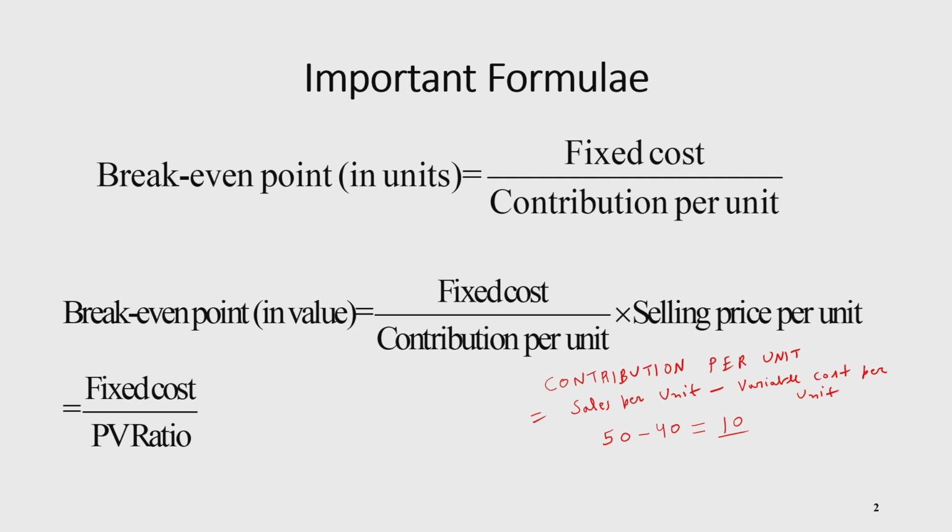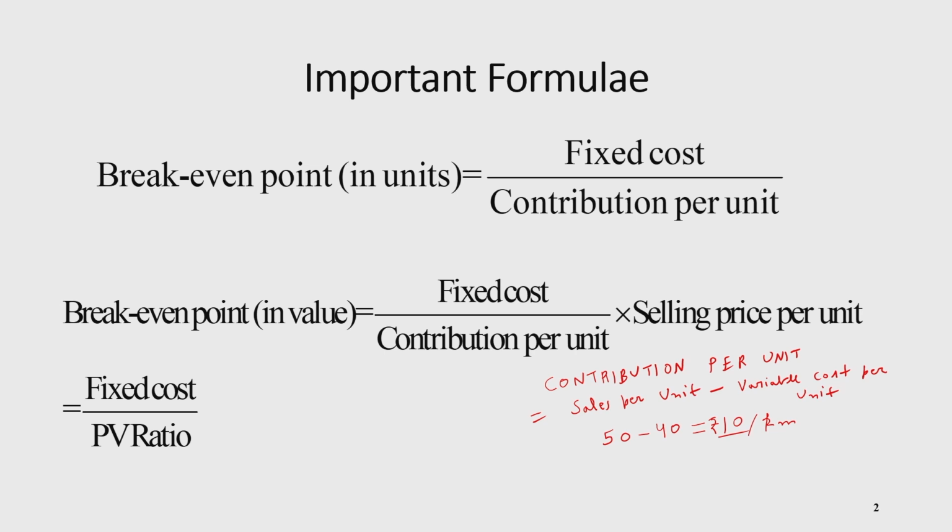So the break-even point in units: suppose the contribution comes out to be 10 rupees per kilometer, and suppose the fixed cost per day was something like 100 rupees per day.